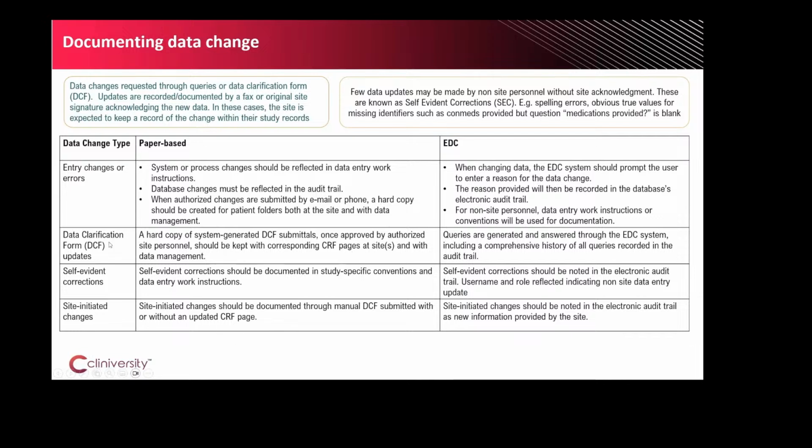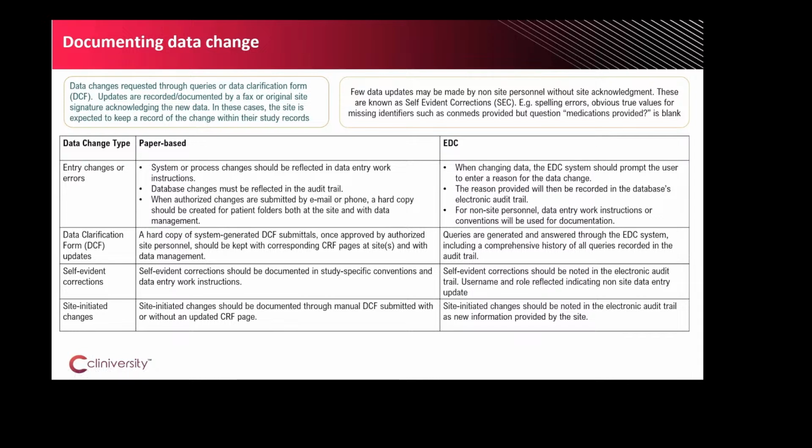Now, the different types of data changes that can happen in a paper-based and an EDC study. Entry changes or errors that can happen in a paper-based study are system or process changes. They will be reflected in the data entry work instruction. Then changes will be reflected in the audit trail. And authorized changes are submitted by email and or phone.